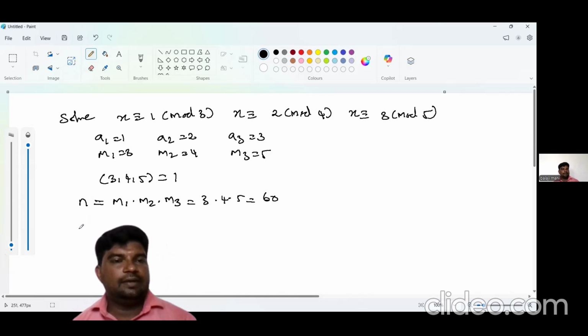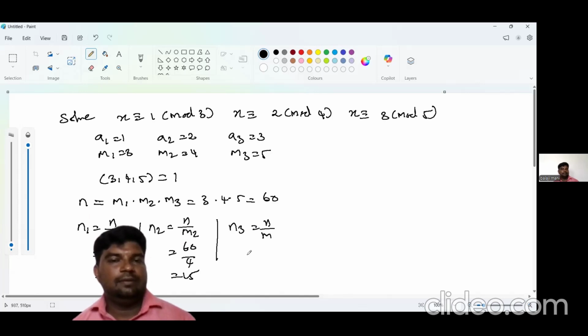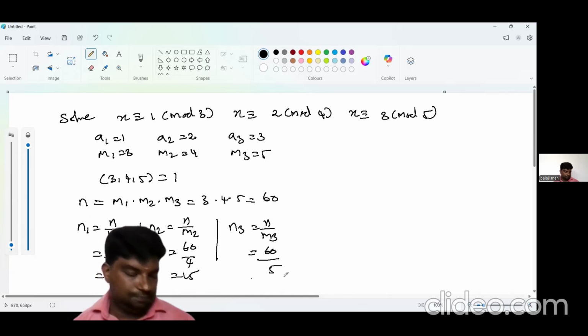Next find n1 equal to n/m1. n is 60 divided by m1 which is 3, so that is 20. And n2 is n/m2, so 60 divided by 4, that is 15. And n3 is n/m3, so n is 60 and m3 is 5, so that is 12.